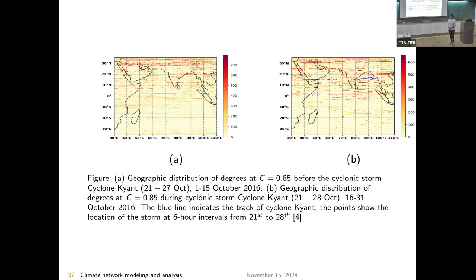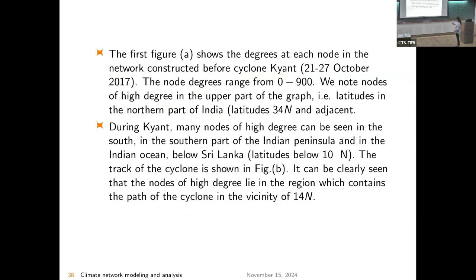Essentially, it's a region which includes the left side, since most of these are cyclones in the Bay of Bengal. There had to be a region which covers all.